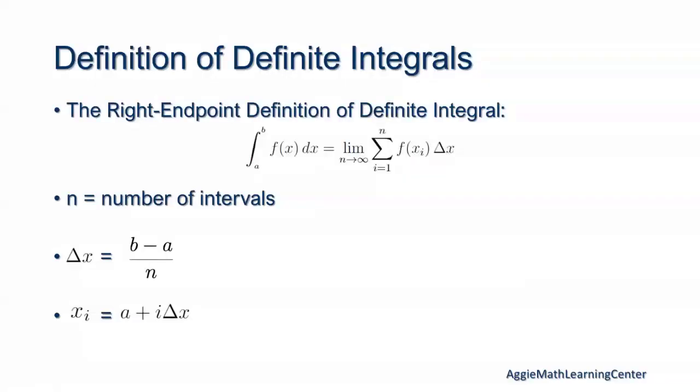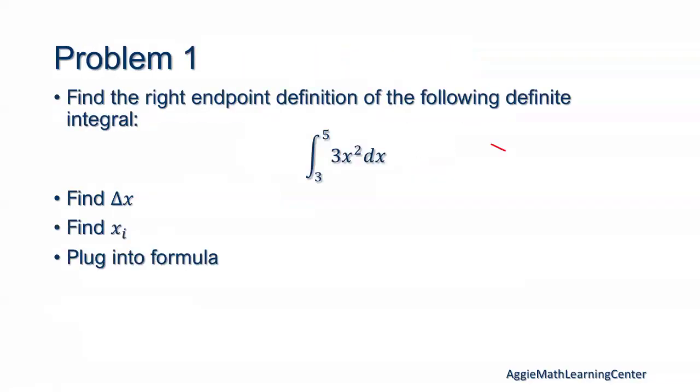Okay, perfect. In order to do this, we're just going to find delta x and x sub i. To find delta x, we'll take b minus a over n, so that gives us 2 over n.